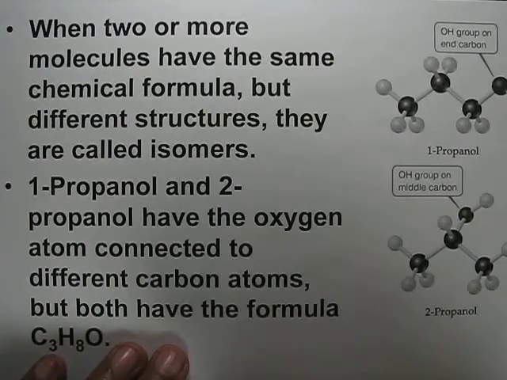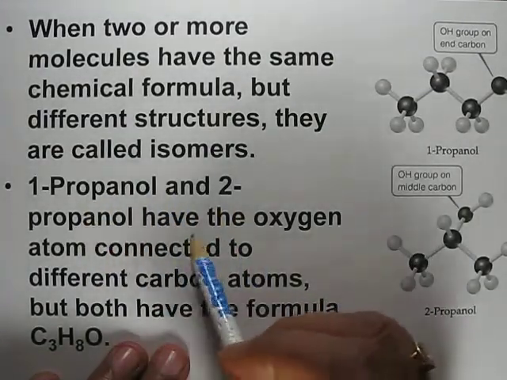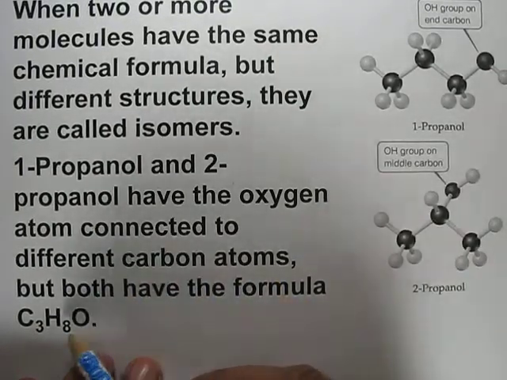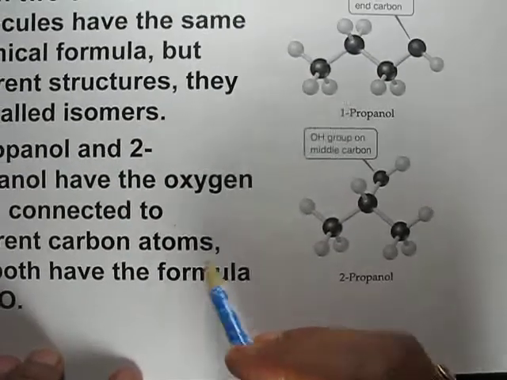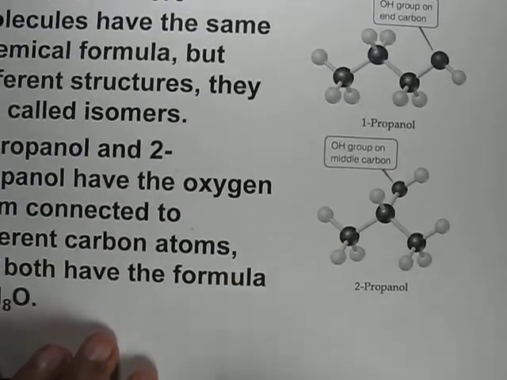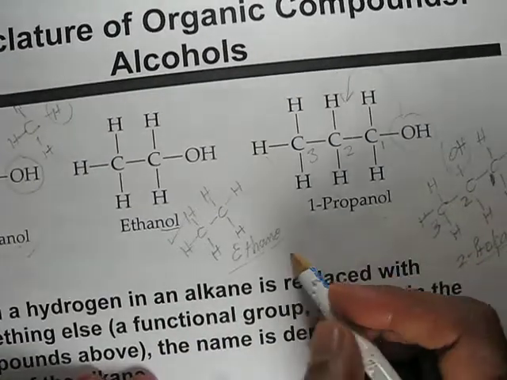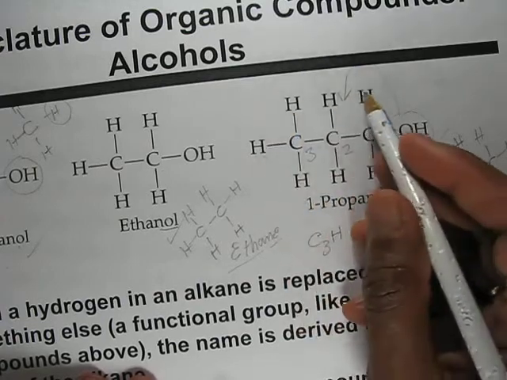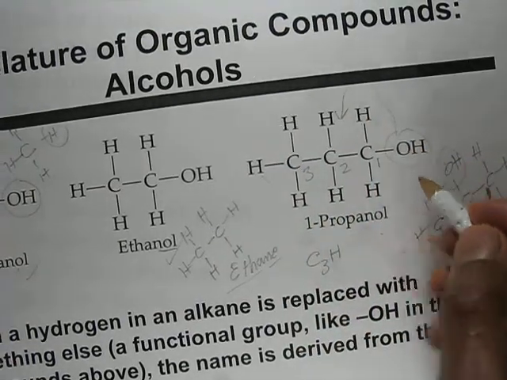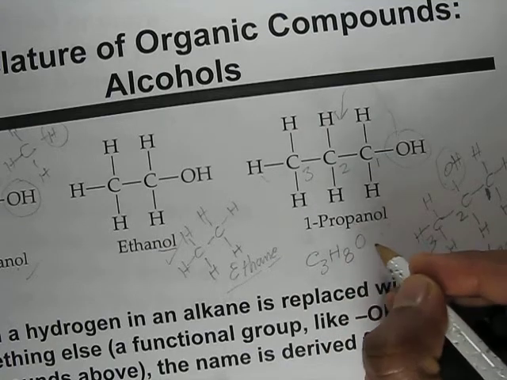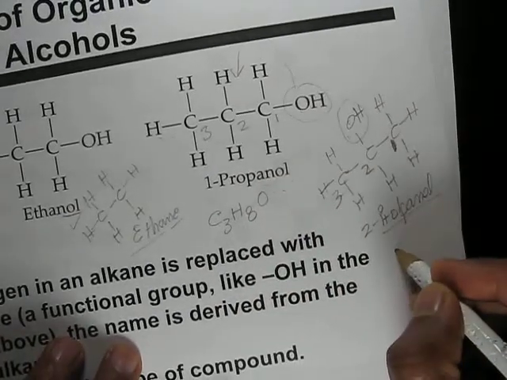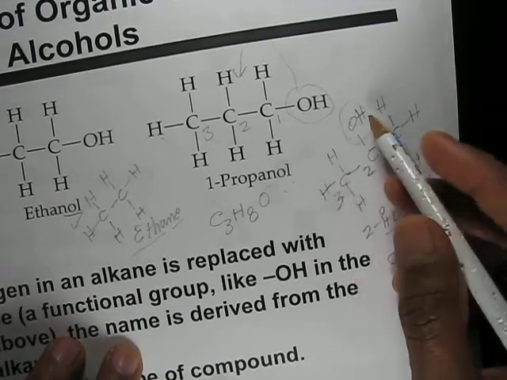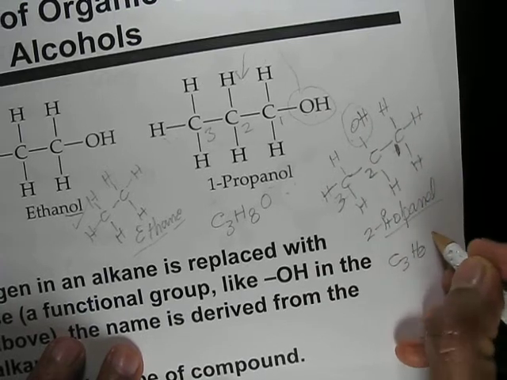So 1-propanol and 2-propanol have the oxygen atom connected to a different carbon atom, but both have the formula C3H8O. If you count the carbons in propanol, there are 3, the hydrogens are 1 2 3 4 5 6 7, and counting this hydrogen as well makes 8, and oxygen is 1. In the same way, carbons are 1 2 3, hydrogens are 8, and oxygen is 1.